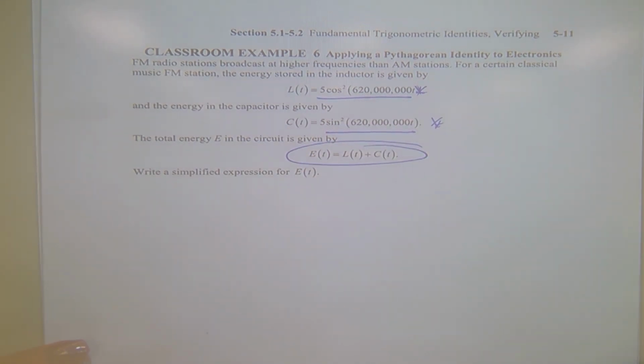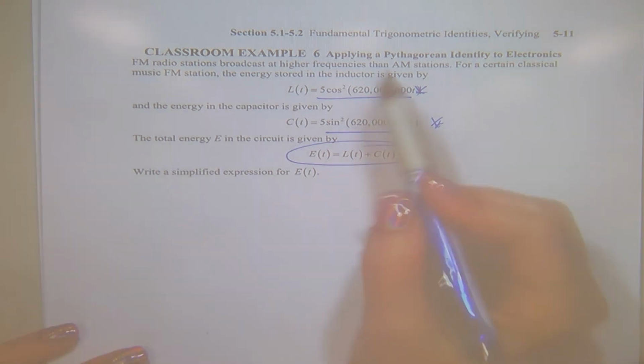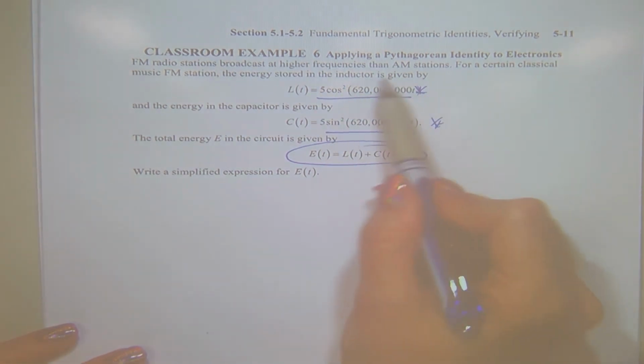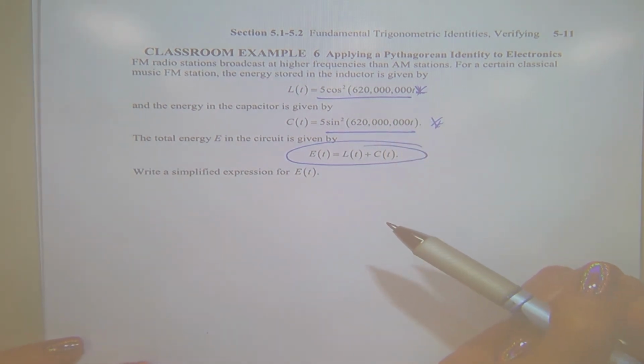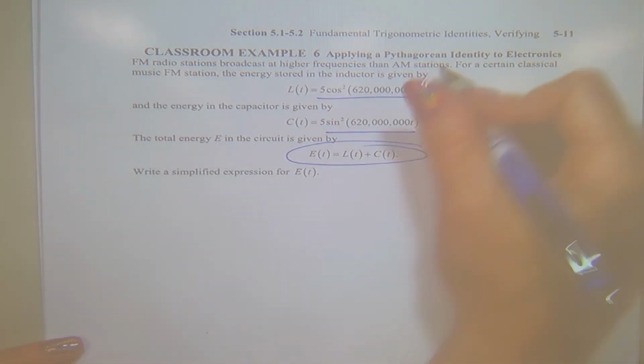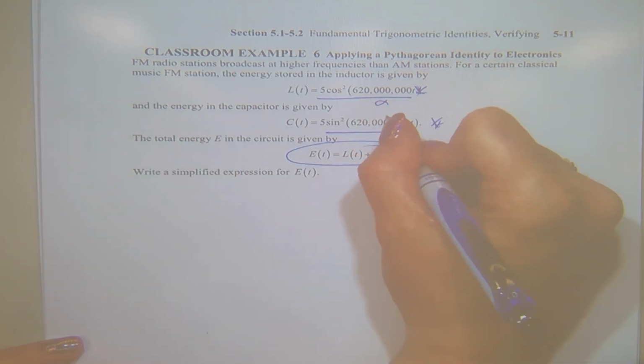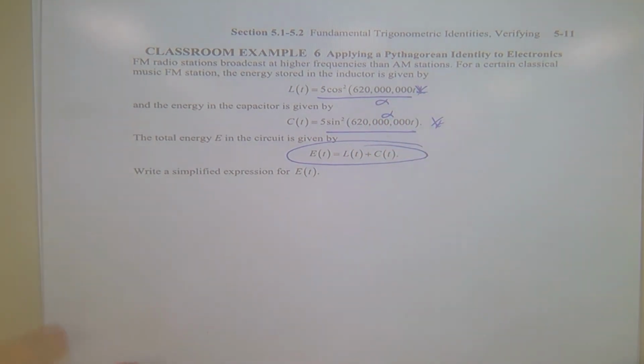Notice that the argument is the same for both of those. I've got 5 cosine square of this amount and 5 sine square of this amount. I'm going to simplify my life a little bit just by representing that argument with alpha because it's the same.